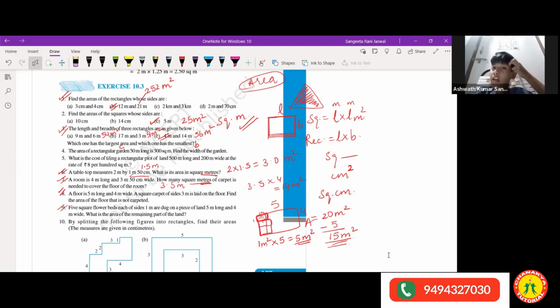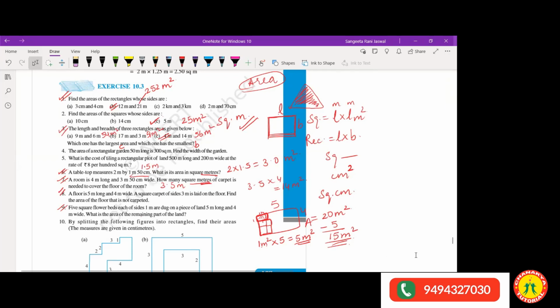Find the area of the floor that is not carpeted. That means you have to find that area where there is no carpet. So, it's 8 meters. Okay. So let me show you how it comes 8 meters. I'm just erasing this part. I'm making some space here, okay, to write.